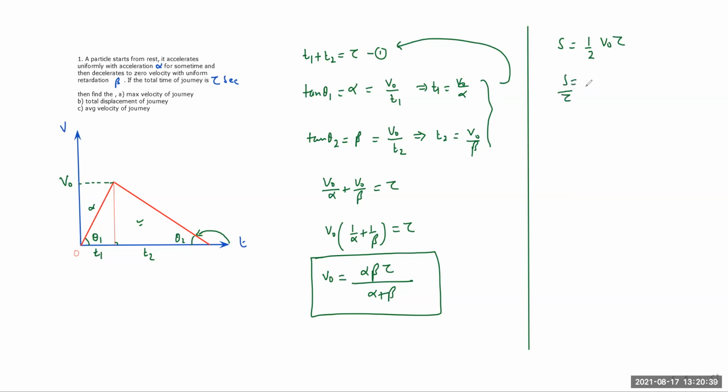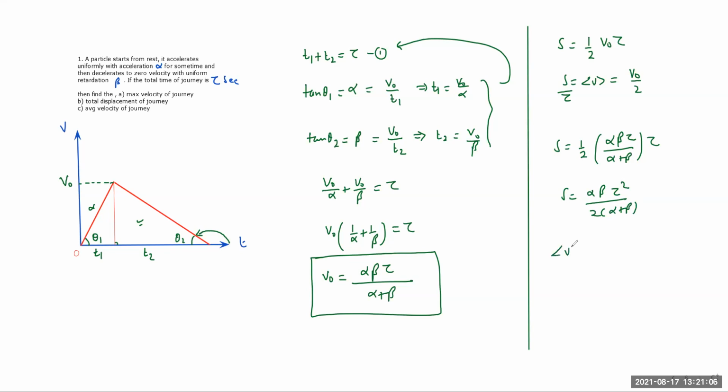So what is S by tau? It's called the average velocity by definition, total displacement upon total time, which turns out to be V naught by 2. That's nice. So S is half alpha beta tau by alpha plus beta into tau. So we got displacement as alpha beta tau square by twice alpha plus beta.